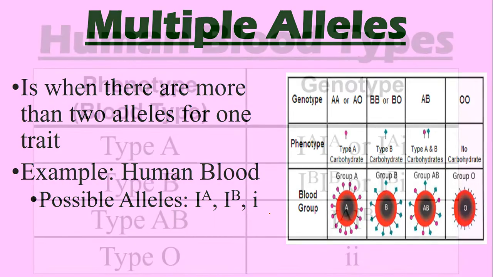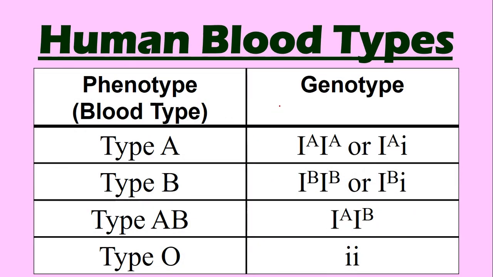So when we talk about blood types, this is how we write the genotypes. So for type A, you have big I capital A, I capital A. This right here is homozygous because they're the same.